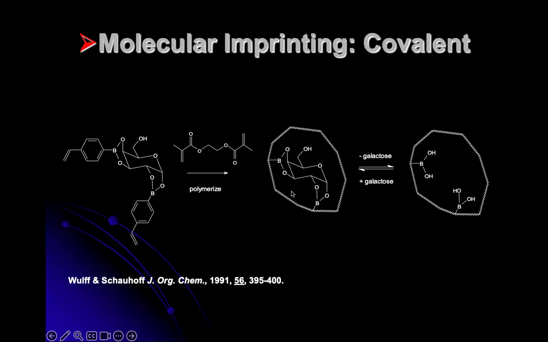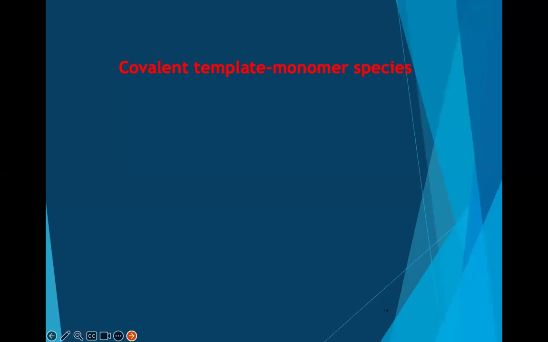I don't know where, I can't see. So you have to break down the covalent bond, which is quite difficult. It's complicated chemistry to break a covalent bond, right? So I never did a covalent bond. It's always hydrogen bond, so it's quite easy.